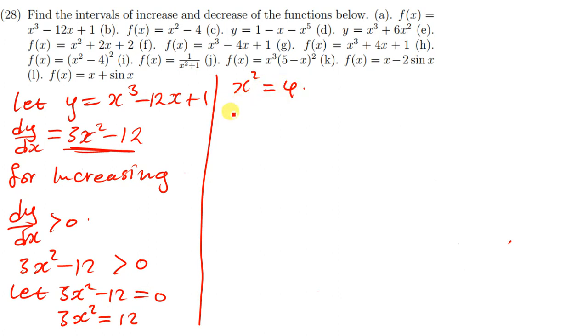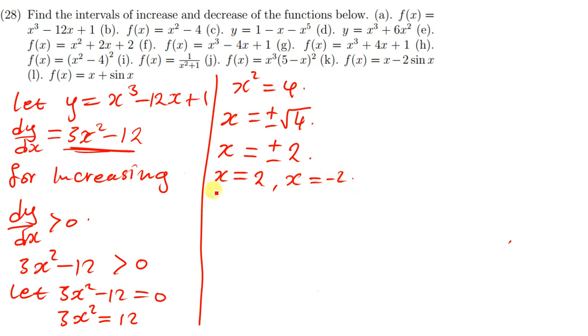Taking the square root of both sides, x is equal to plus or minus the root of 4, so x is equal to plus or minus 2. So the values of x that we have are x equals 2 and x equals negative 2. These are called critical points. These are not final answers, but critical points.